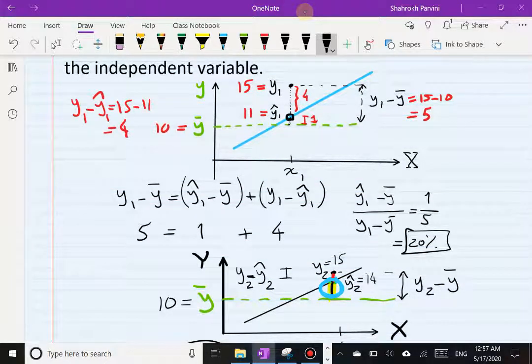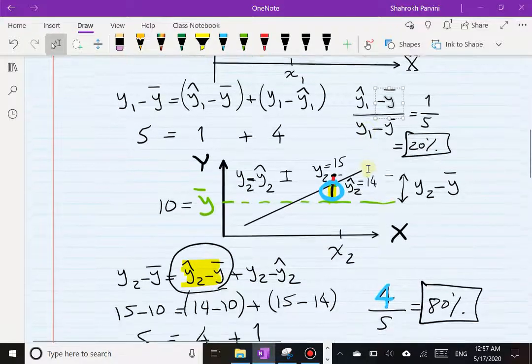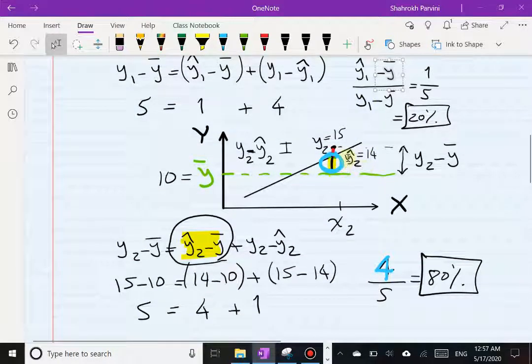If the distance from the predicted value to the actual value is too high, the percentage turns out to be low. And the closer the regression line is to the observed value, the higher that percentage is.